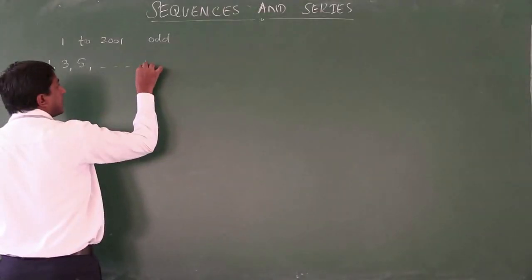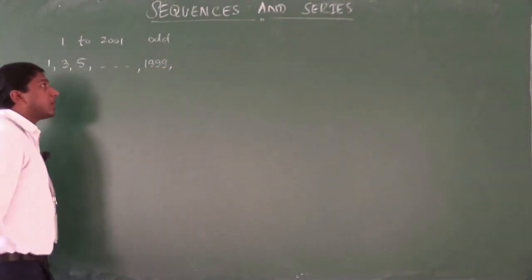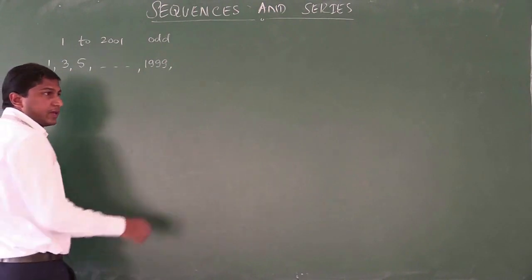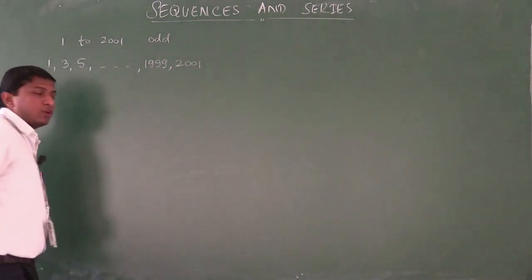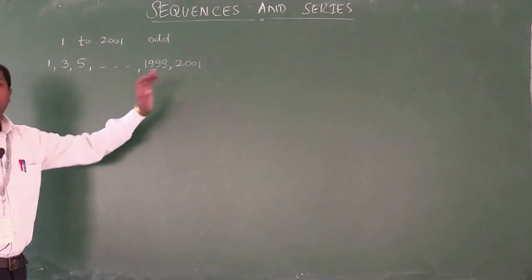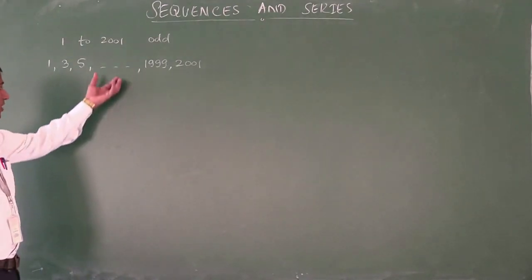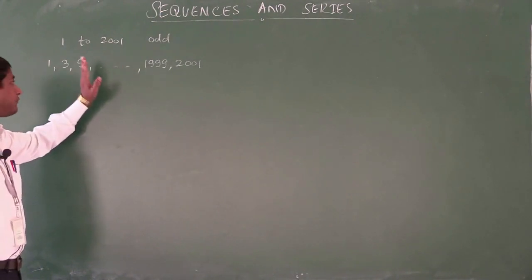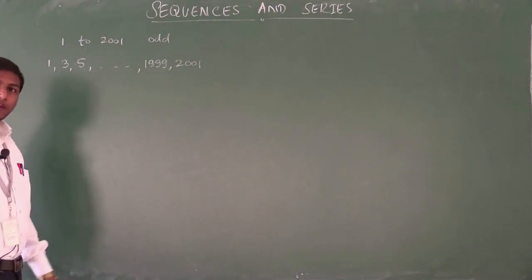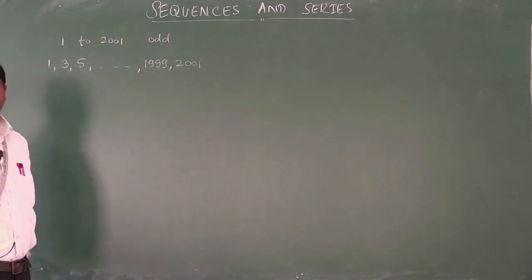So the one before the last is 1999 and the last is 2001. So these are the odd integers from 1 to 2001. Now look at the sequence of numbers.